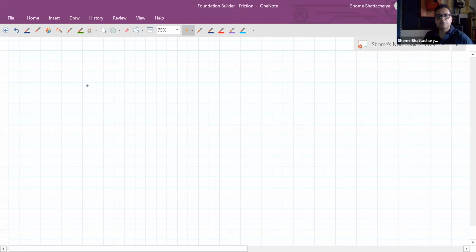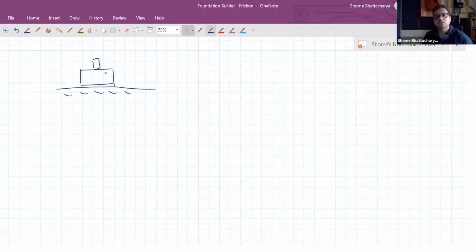Okay, one thing that can happen is that when we apply the force from this side, this and this have a common acceleration. Acceleration of A is equal to acceleration of B. Okay, and basically in that case, what is happening?